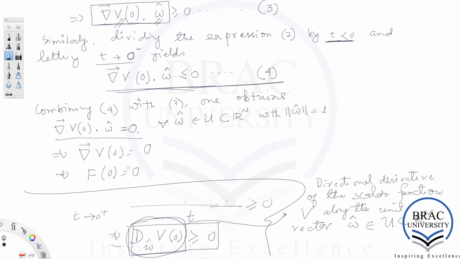From the definition of equilibrium point, we see that 0 is an equilibrium point of F. Okay, so it follows that 0 is an equilibrium point of F in U. QED.